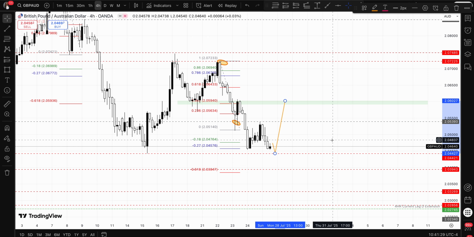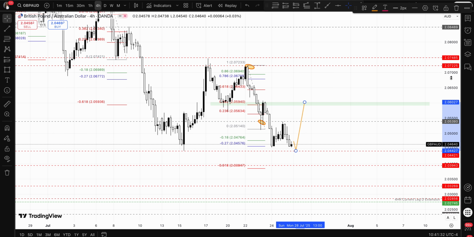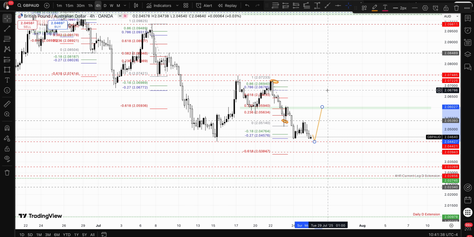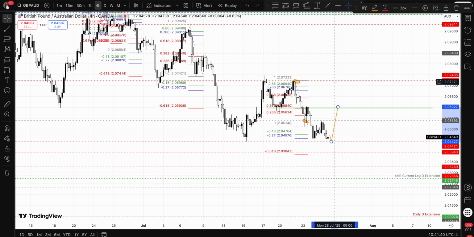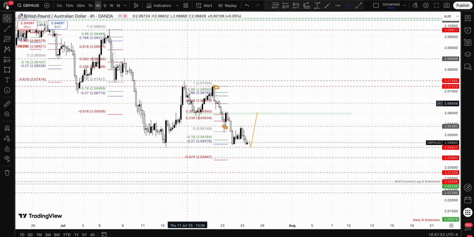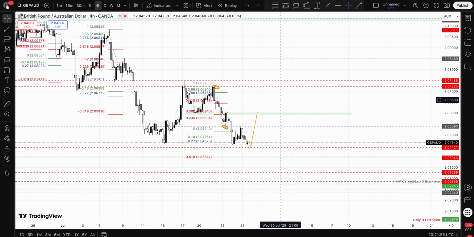Now, the other thing, though, is that if we look at the larger fib, so where did I put it? Hold on, y'all. If we look at the larger fib, we hit the 38.2 swing low. I'm just measuring out. Sorry, guys. I'm going back through and counting. Okay.